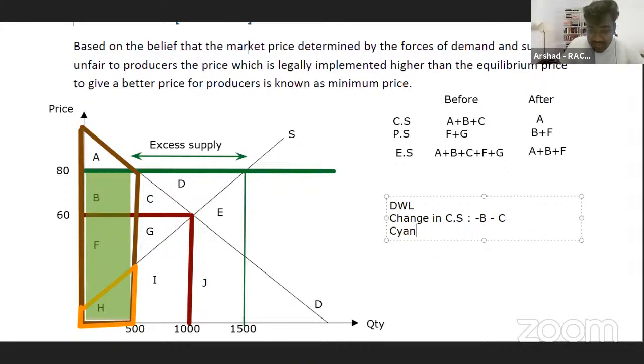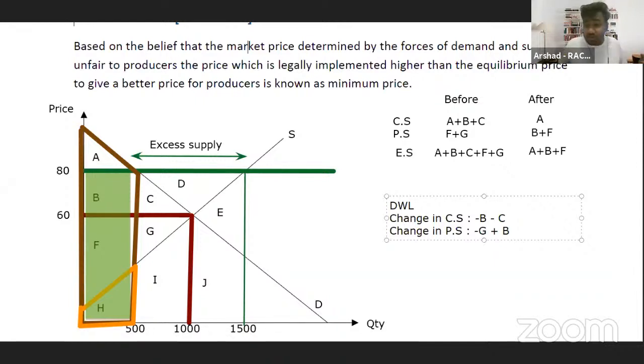The change in producer surplus. What is the change in producer surplus? The producer, what is happening to him, guys? He had F and G, right? He is losing G. G went off, right? But he is getting B. Understood that?